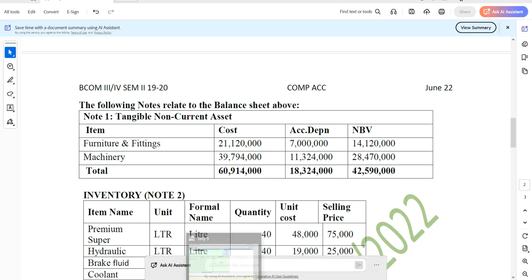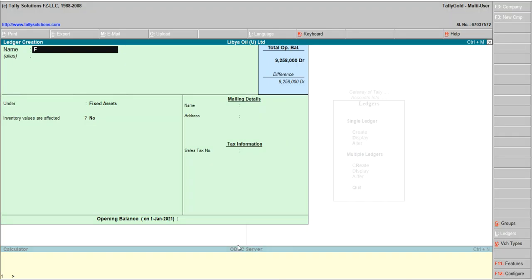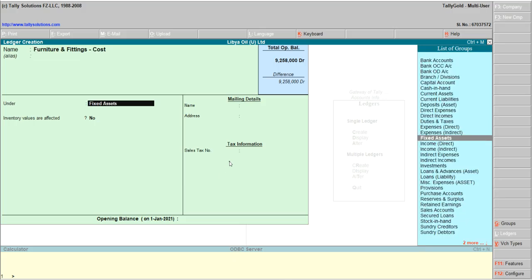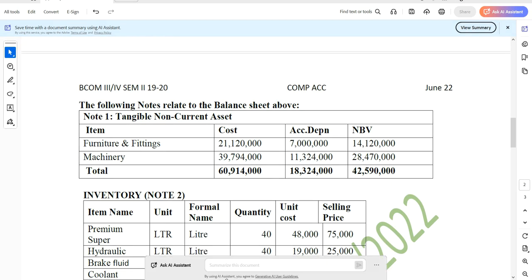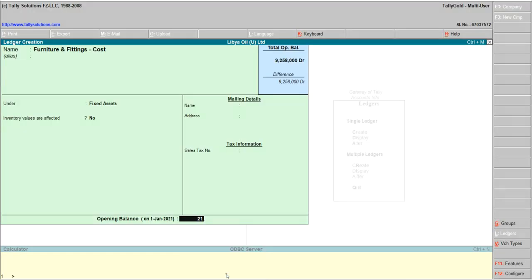So let's start with the furniture and fittings. Cost. I'll first capture the cost. These are fixed assets. Inventory values are not affected. What is the cost of the furniture? The cost is 21,120,000.